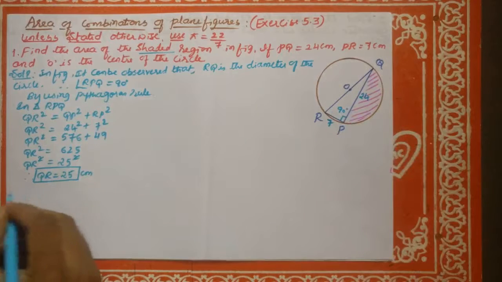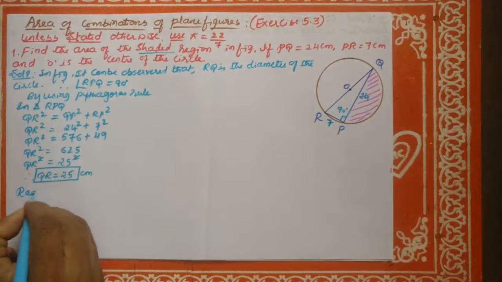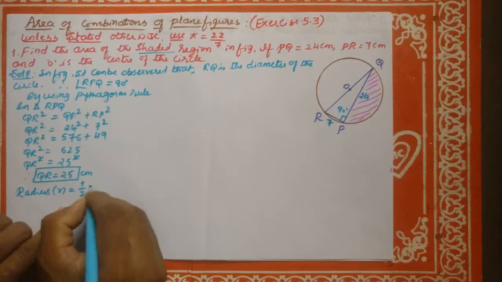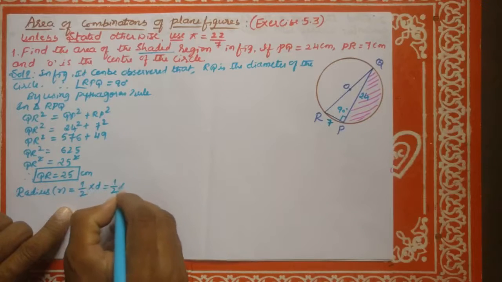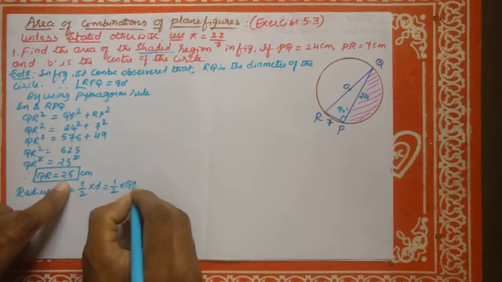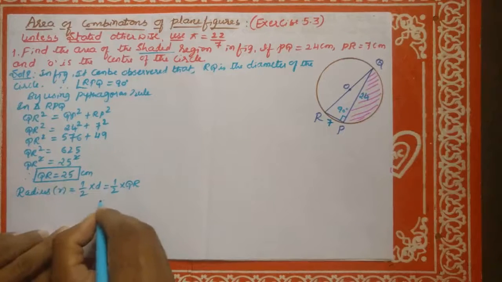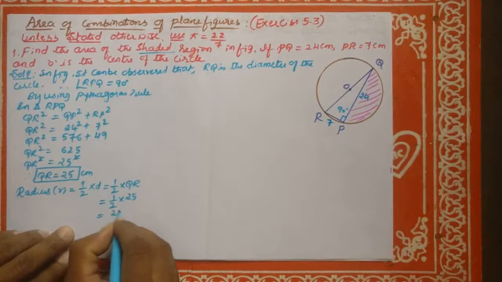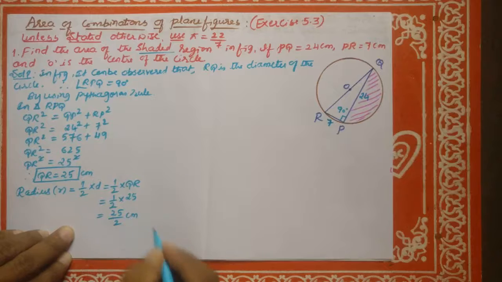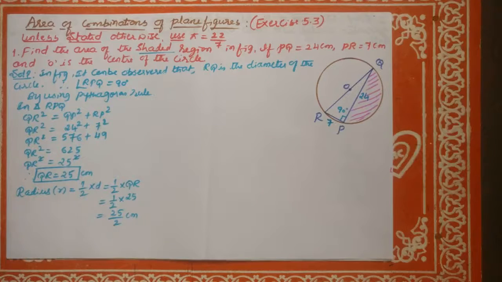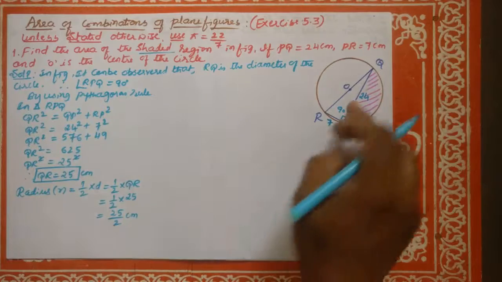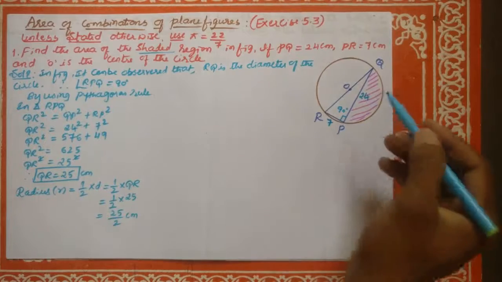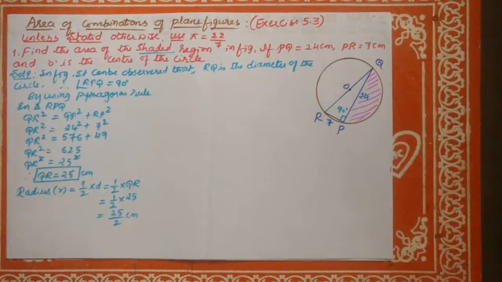Radius is equal to half into QR, that is 25 divided by 2 centimeters. Since RQ is the diameter, it divides the circle into how many parts? Two equal parts. Now we can apply the area of a semicircle.